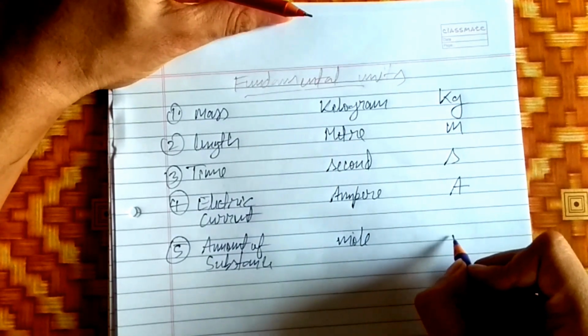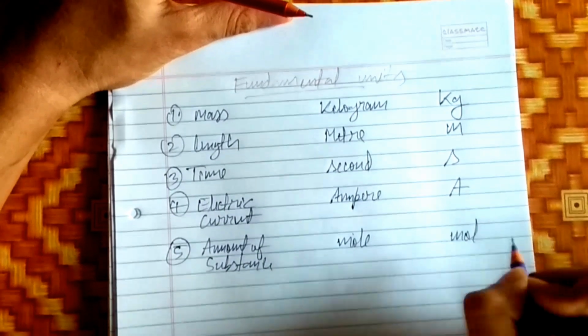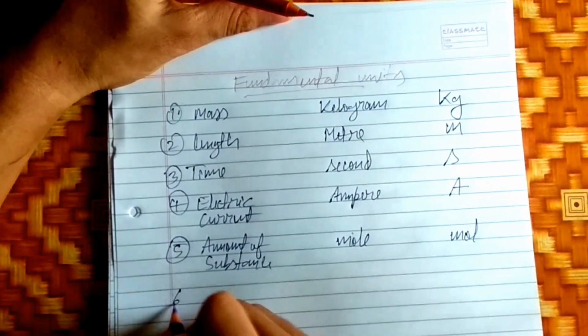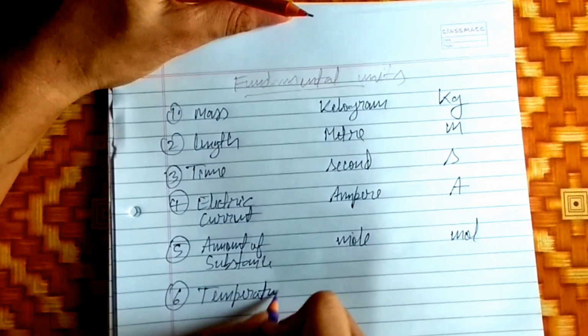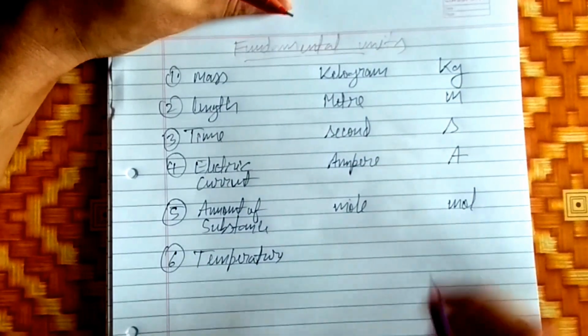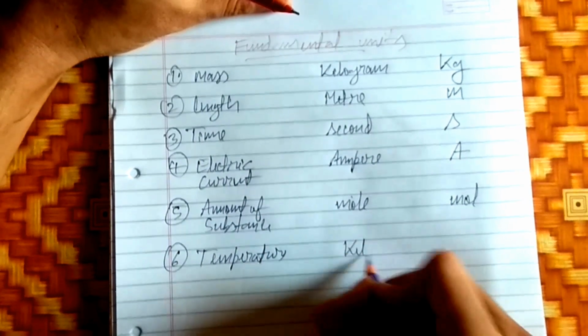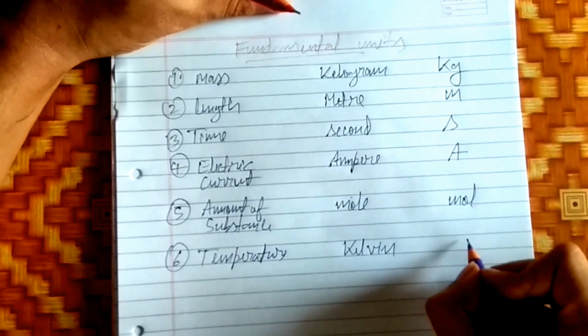It is abbreviated as mol. Sixth is temperature, it has the unit Kelvin, and it is abbreviated as K.